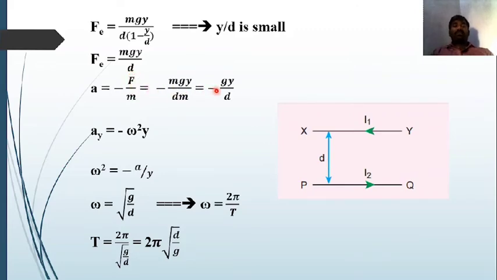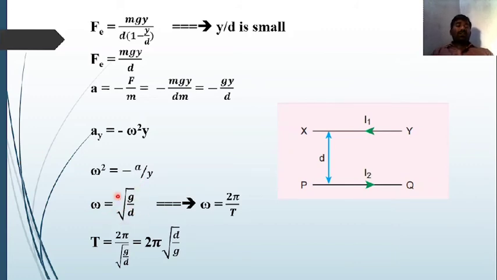Finally we get minus gY upon D. Here acceleration should be given in the form of simple harmonic motion, a is equal to minus omega square Y. Here we want to find omega square, so taking Y to the left side, we get omega square is equal to minus a by Y. Omega is equal to square root of g upon d.